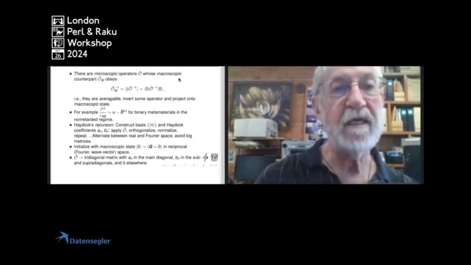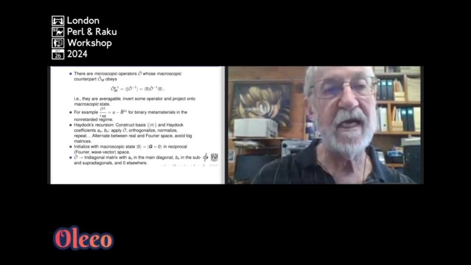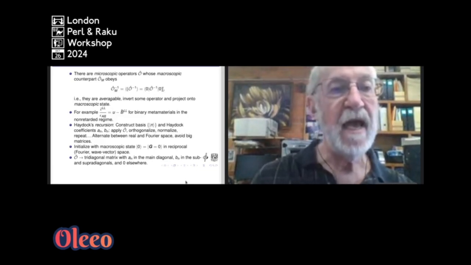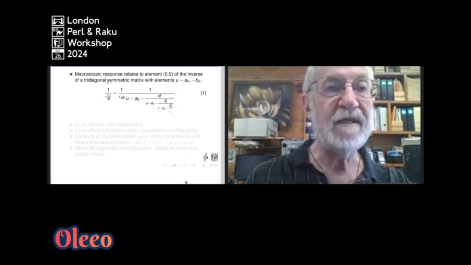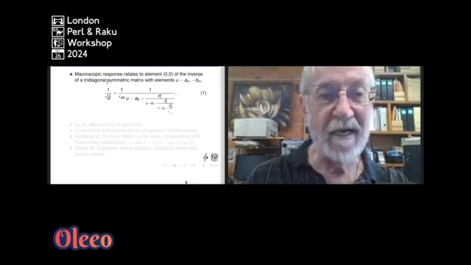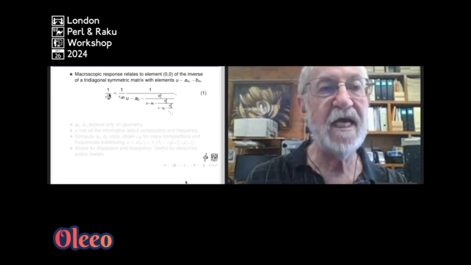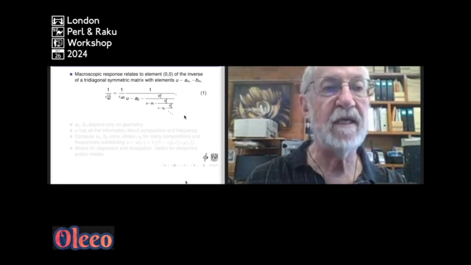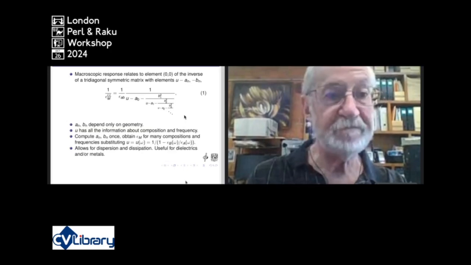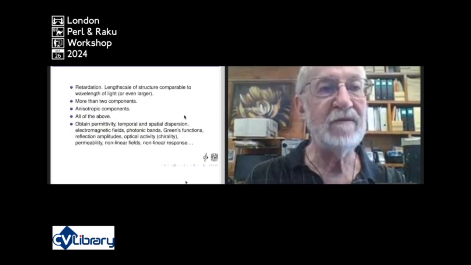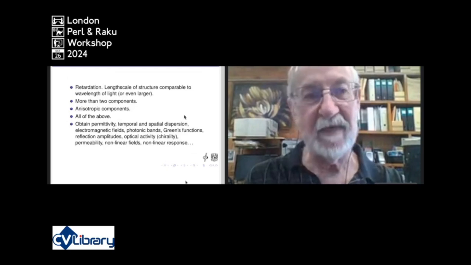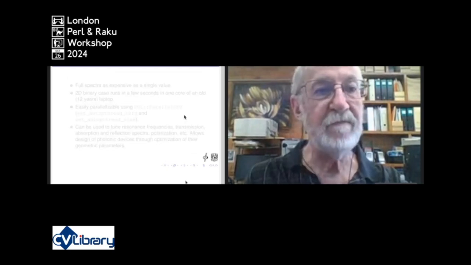The macroscopic counterpart, the inverse, can be obtained by first inverting and then averaging. And I show you just one example. Since I only need one element of the inverse, this can be obtained through a continued fraction. So this is the theory, and it can be extended beyond the non-retarded regime.